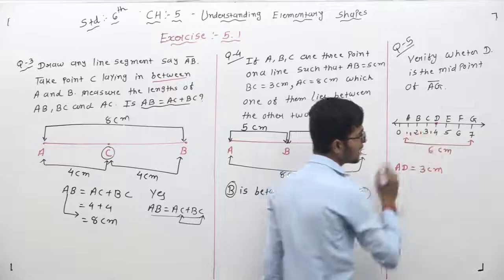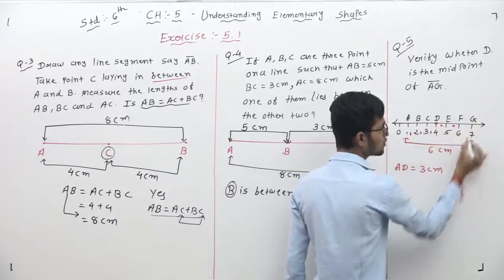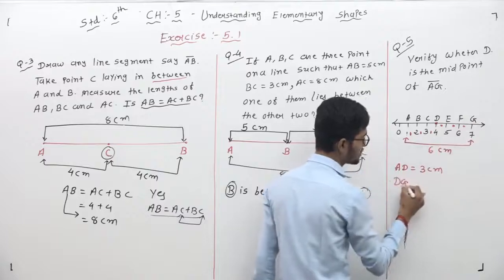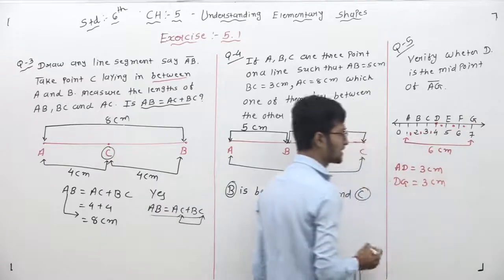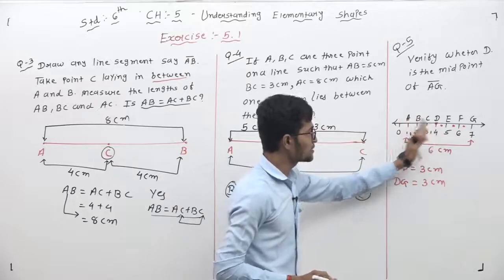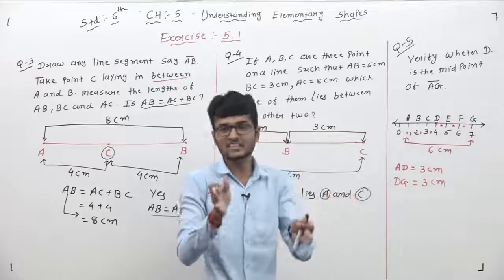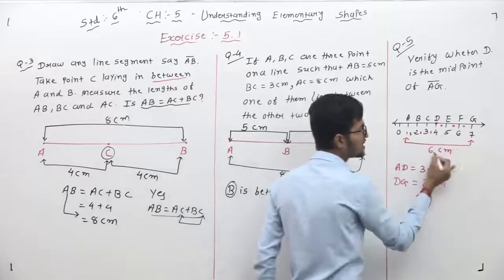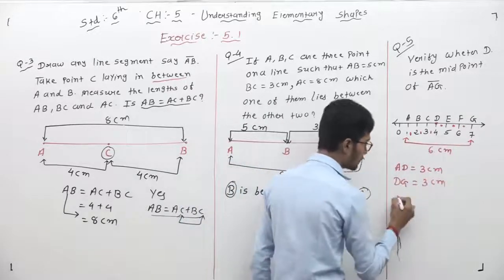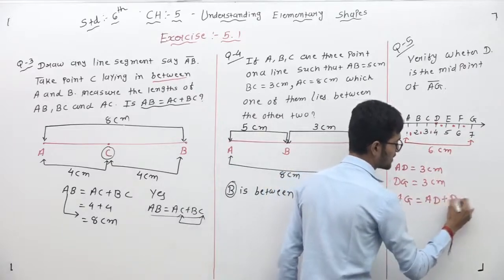Clear? Let's see D to G distance: 1, 2 and 3. It means D to G is also 3 centimeter. It means A to D distance is 3 centimeter, D to G distance is also 3 centimeter. Both sides are 3 centimeter and A to G distance is 6 centimeter. So we write AG is equal to AD plus DG.